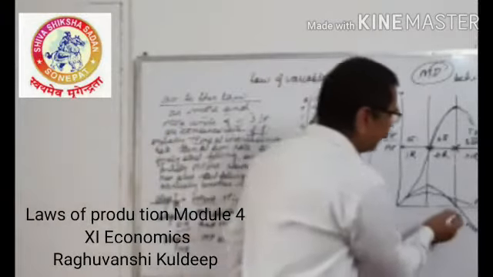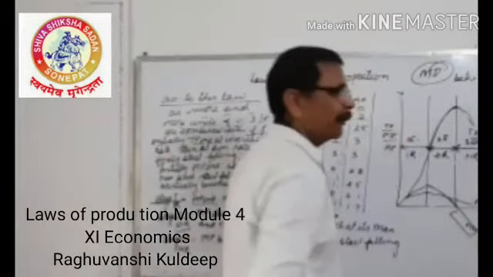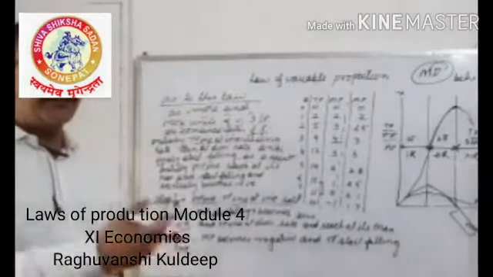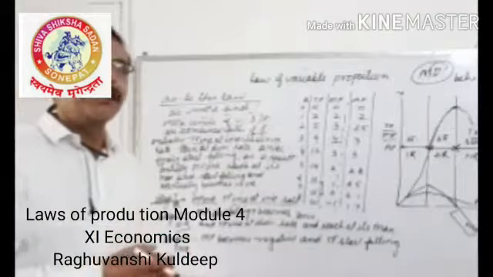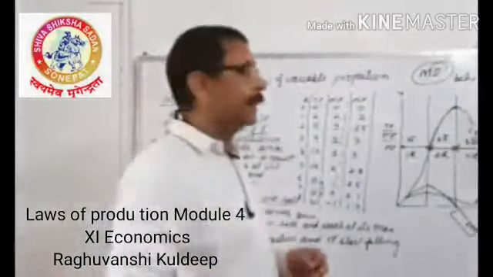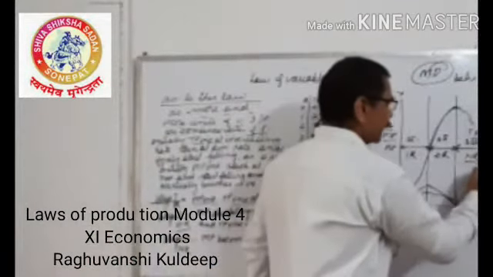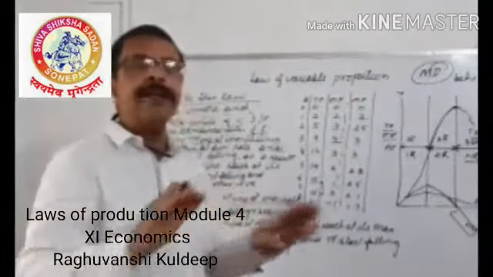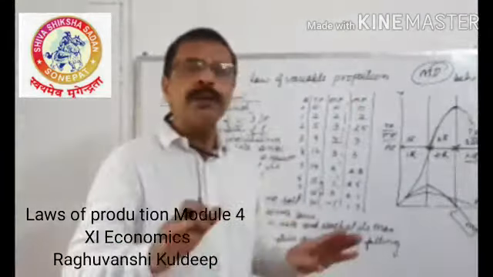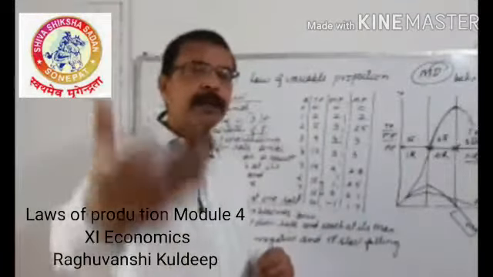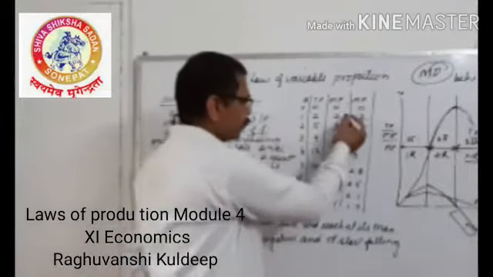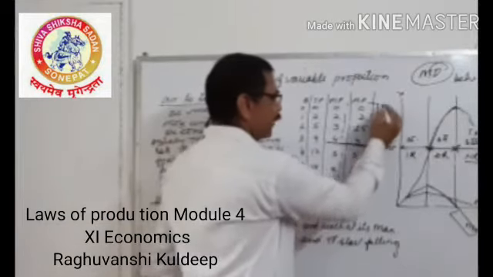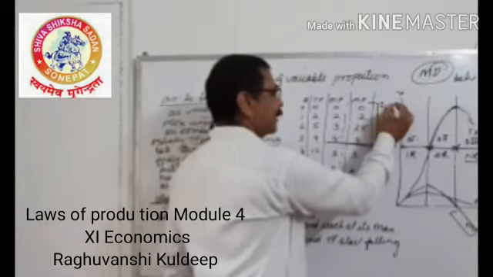Negative returns is when MP becomes negative. Means by applying one more unit of labor or variable input, MP becomes negative. That's why it is known as negative. In the schedule, whenever you have to identify the stages, no need to worry. See the behavior of MP. 2, 3, 4: MP is increasing, that is the first stage, increasing return.